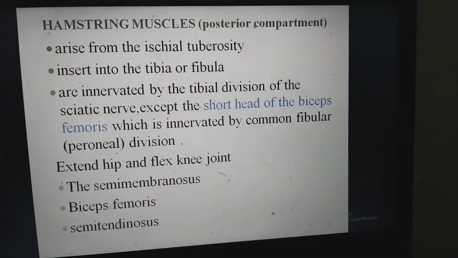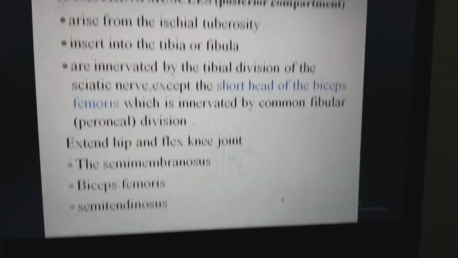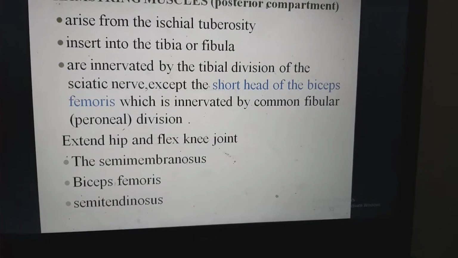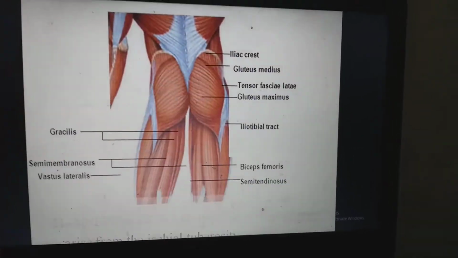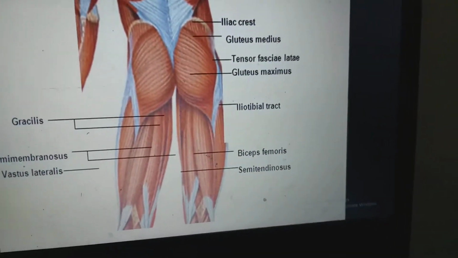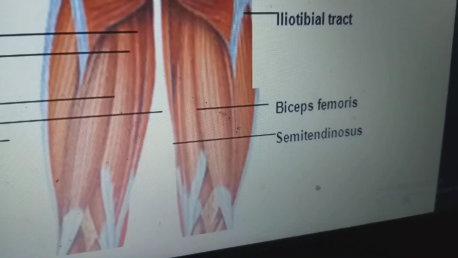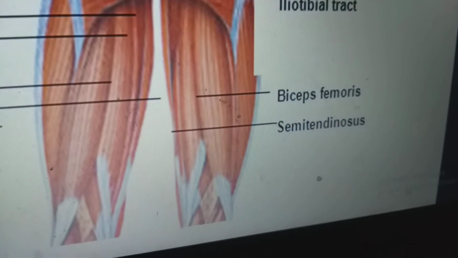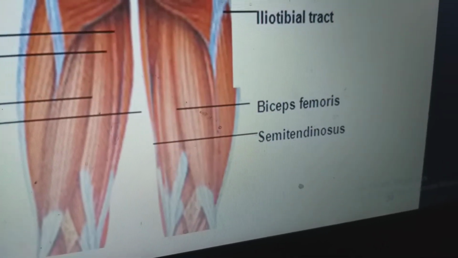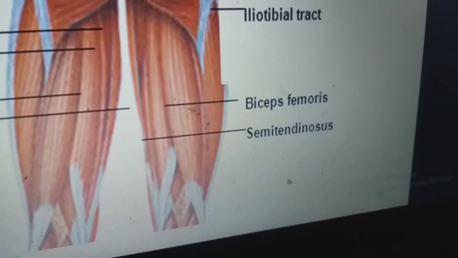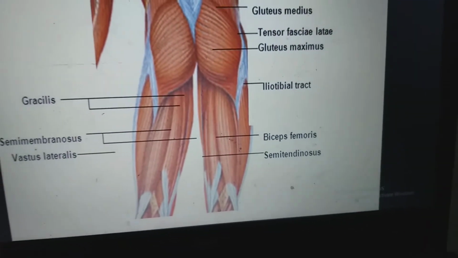It supplies these muscles, the major three: semimembranosus, biceps femoris, and semitendinosus. Have you seen these posteriorly located muscles? The major three muscles, biceps femoris, semitendinosus, and semimembranosus, are all innervated by the sciatic nerve.